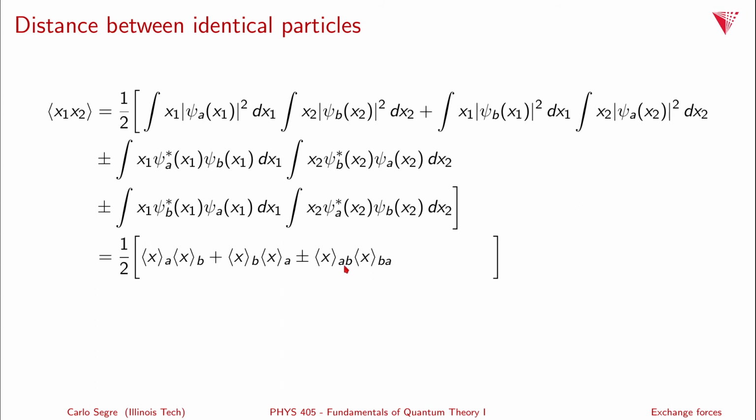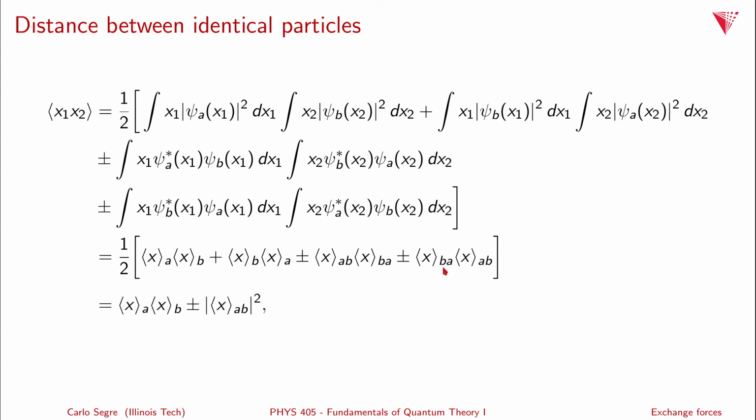So it's an overlap integral, right? It's an inner product of AB with x in the middle as an operator. Same thing with the second term here, but it's just BA. And then this term is again plus or minus the expectation value of x sub BA times the expectation value of x sub AB.